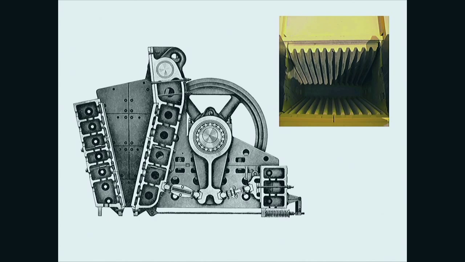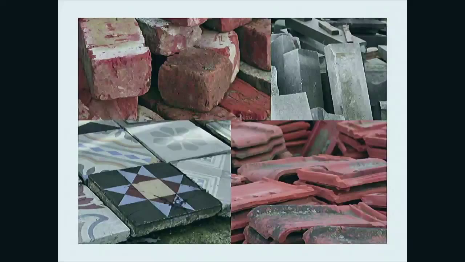If you threw a big block of marble or granite into it, it would take just a few seconds to reduce that block, however strong, into rubble. So that's the main destination of all inert materials of buildings that are to be demolished. It's transformed into rubble, and that rubble is then used for foundation works or things like that. So you have to imagine that these materials will be transformed into this.